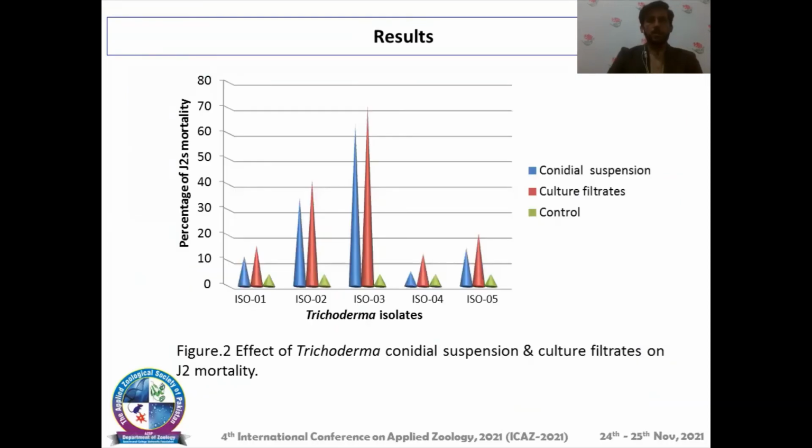Figure 2 shows the effect of Trichoderma conidia suspension and culture filtrates on J2 motility. The highest activity of Trichoderma isolates against J2 motility was noted in isolate 3. Conidia suspension shows 68% inhibition of J2 motility, while with culture filtrates J2 motility inhibition was 71%, and so on.